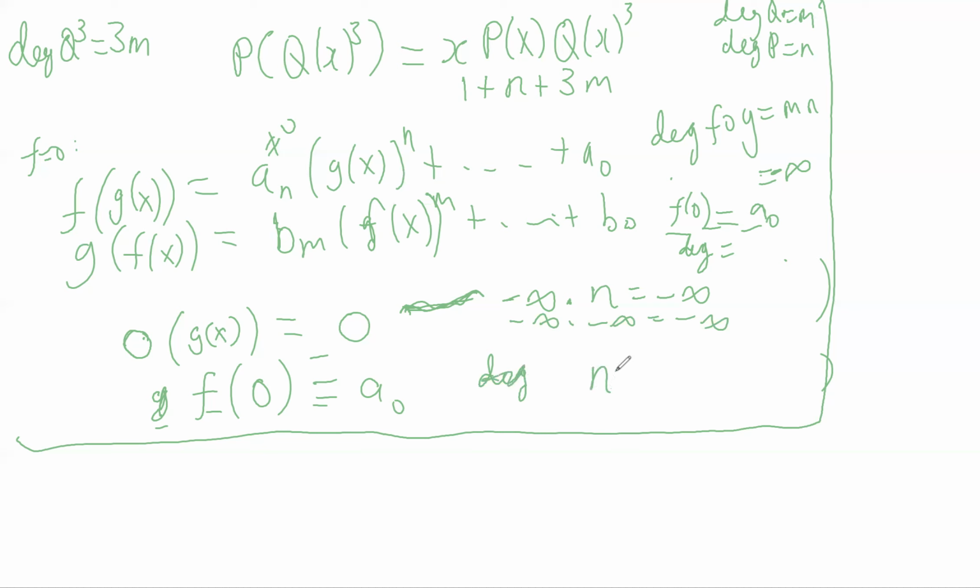Then you have n times negative infinity. So if you times it this way, according to this rule, you get either 0 or negative infinity, depending on whether the constant term of f is 0 or not.